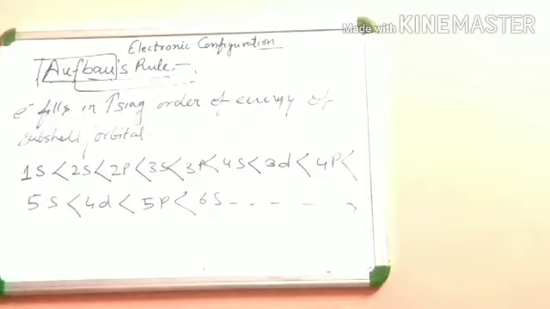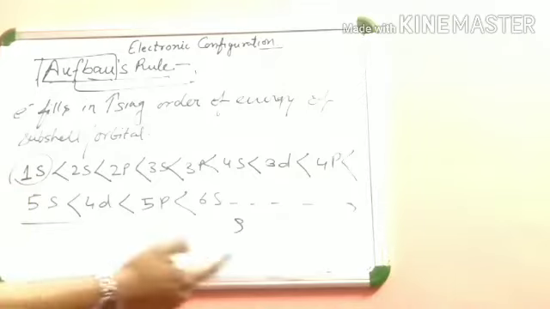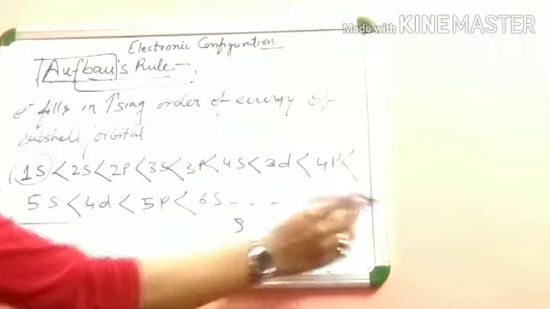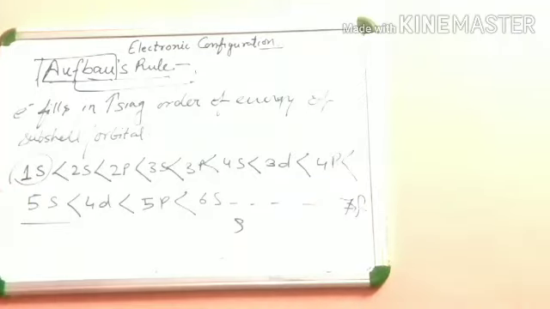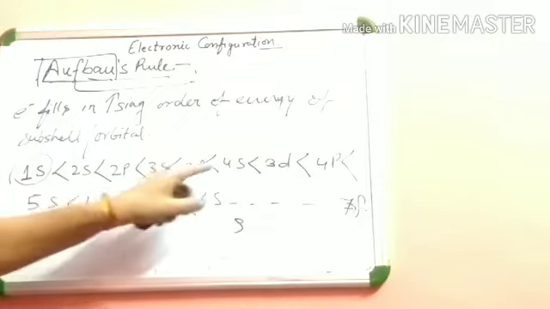Least energy is of 1s and the maximum energy is of 7f. So first the electron comes in 1s, then 2s, 2p, 3s.